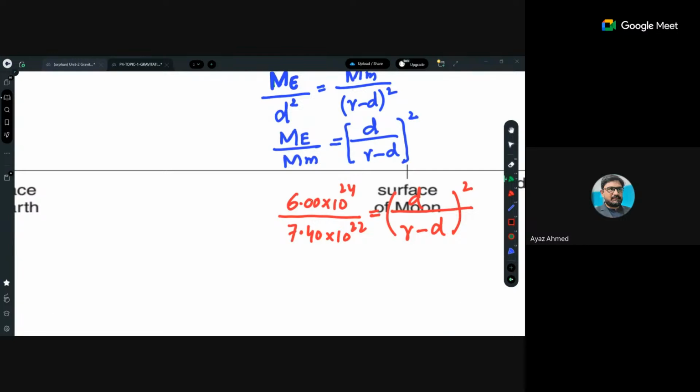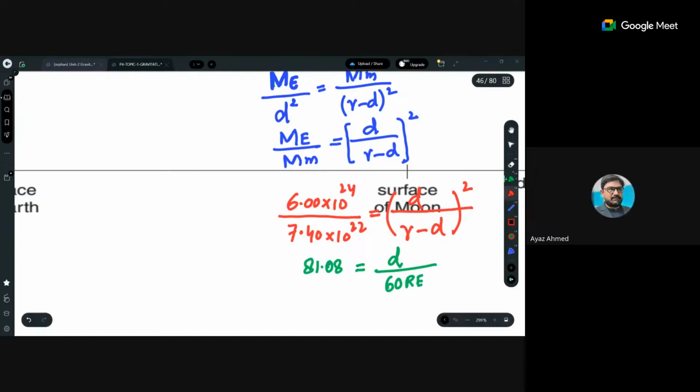Please calculate the left hand side for me. It is 81.08, which is equal to d divided by, it is your 60 Re, if you remember.